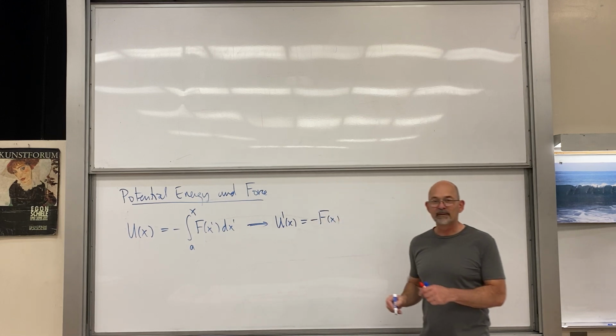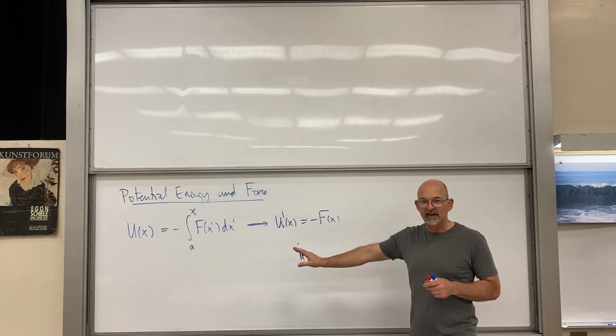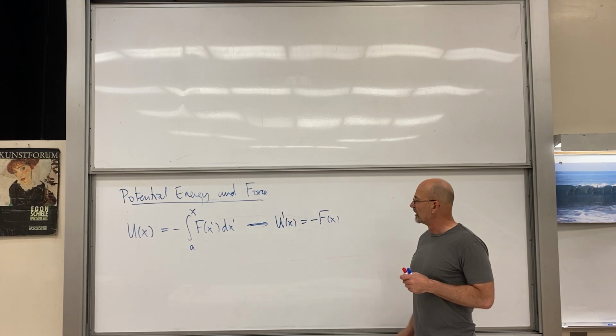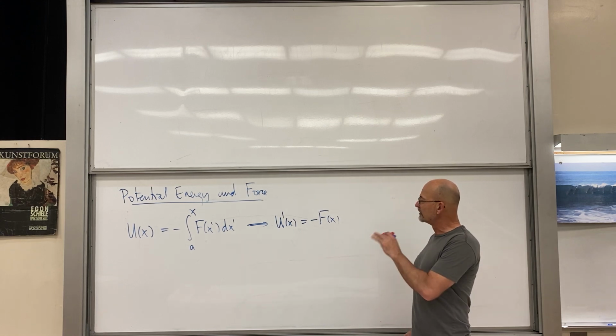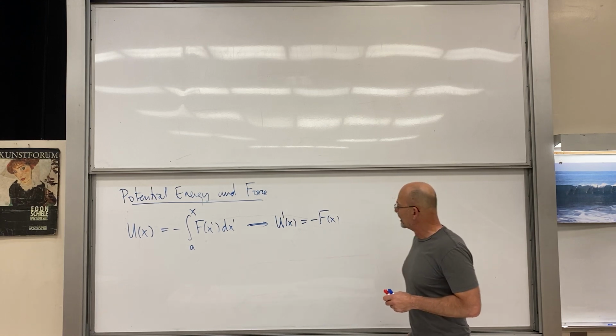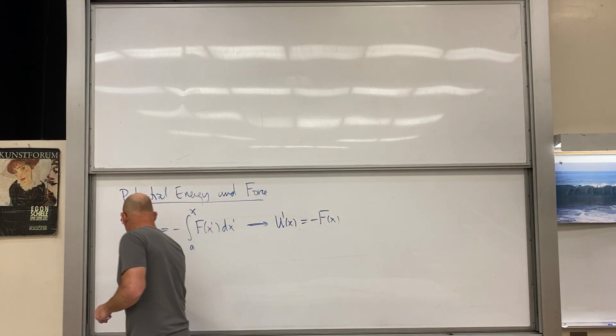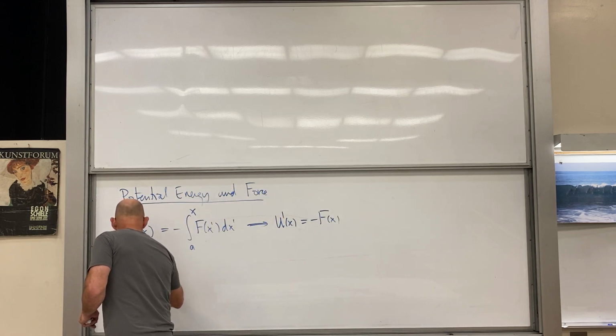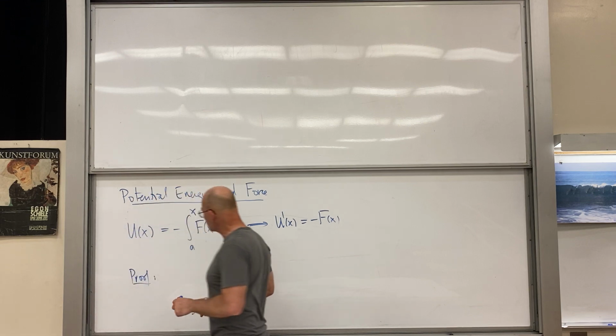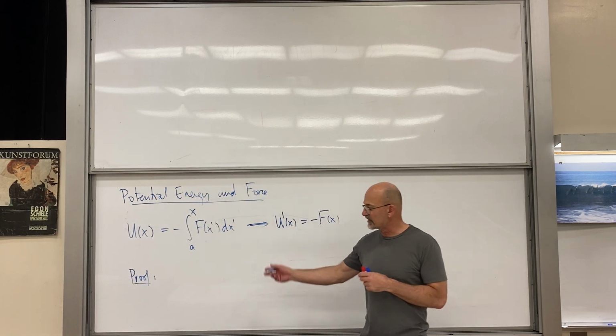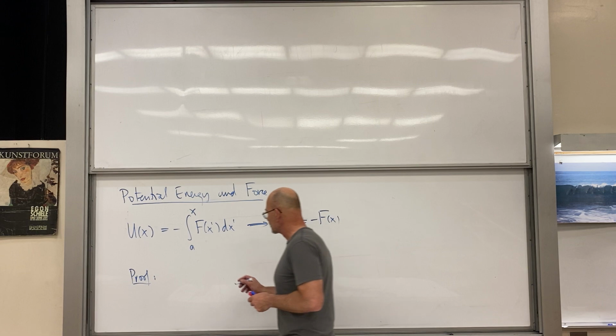So that's a theorem in mathematics that I want to remind us of. It's a good proof. So I'll just prove it for the general case. You've seen this before in your math class, I'm sure, because of the fundamental theorem of calculus. Let's just remind ourselves.